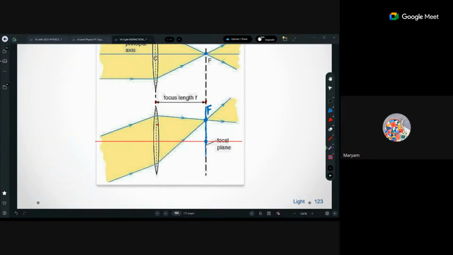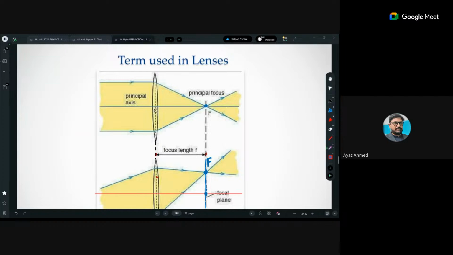Is it another name for principal focus? No, not at all. Principal focus is a point, a single point, whereas focal plane is a line.